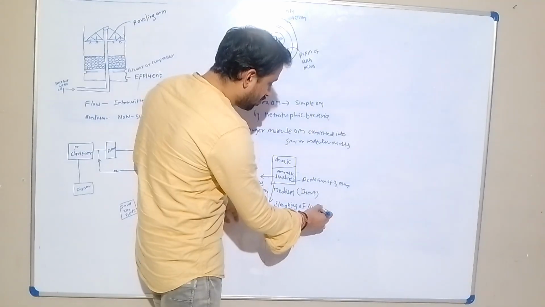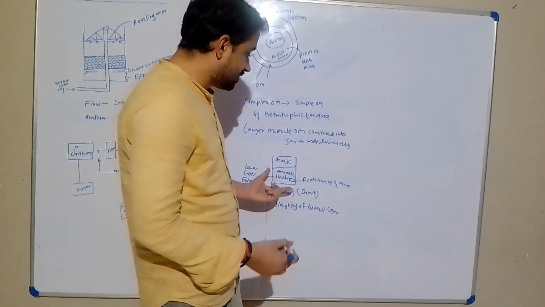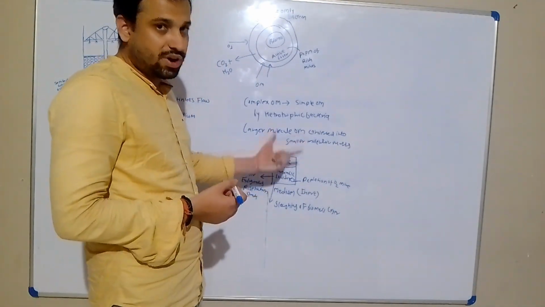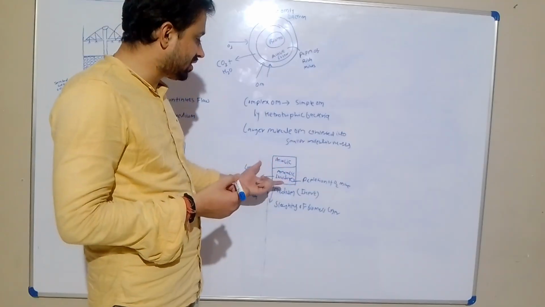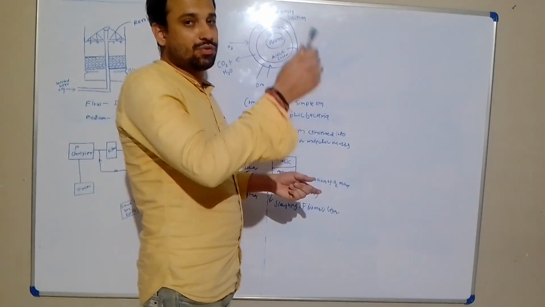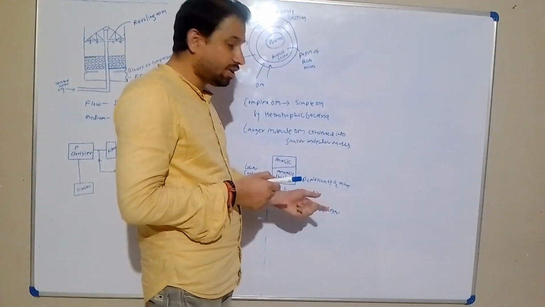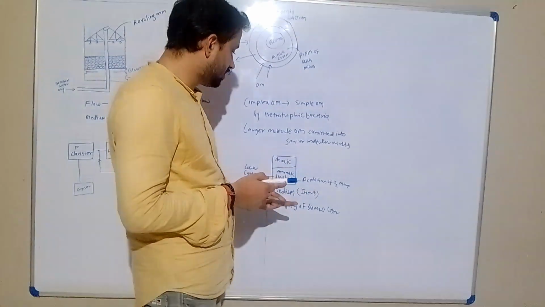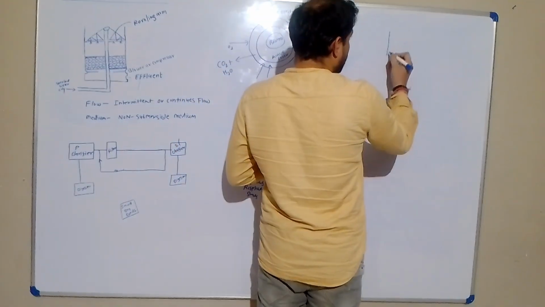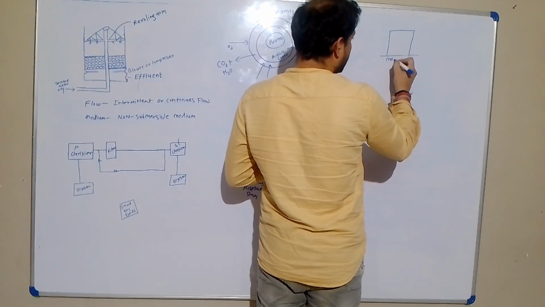Sloughing of the biomass layer: the lower layer of the biomass layer is detached from the medium and carried to the secondary clarifier. This is sloughed off from the existing biomass layer. So now, this is the medium.